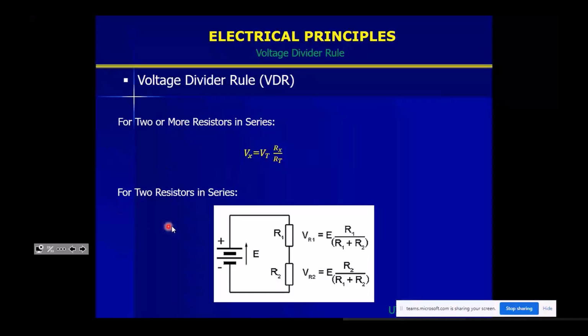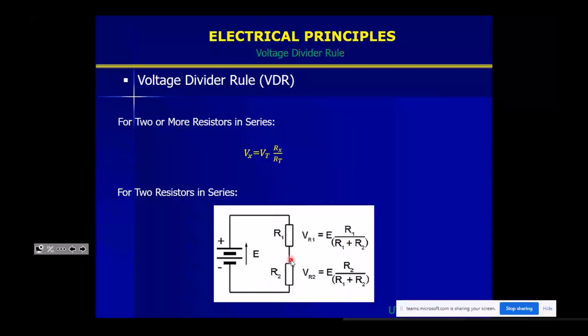For two resistors only in series, we have a specific formula. We have here the circuit. If you want to find the voltage across R1, our Vx here is VR1 or V1, equal to the total voltage, I use E here, it represents voltage, Vt, times R1, over R1 plus R2. Memorize this one.